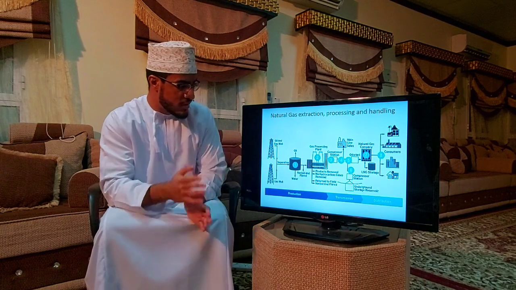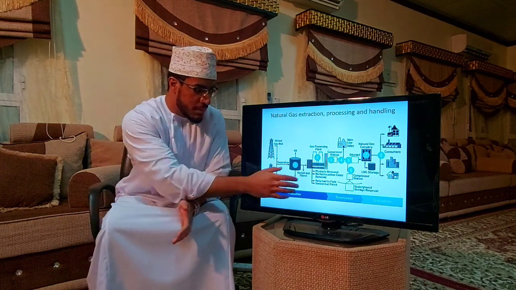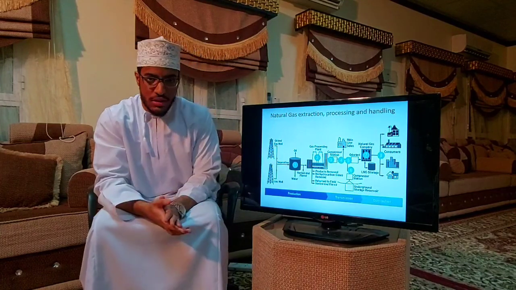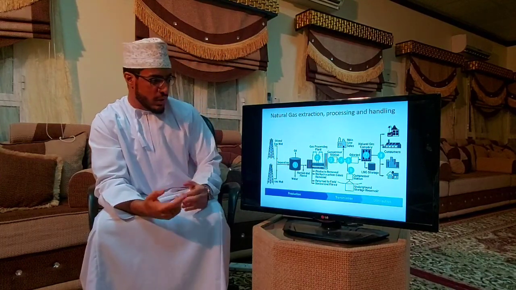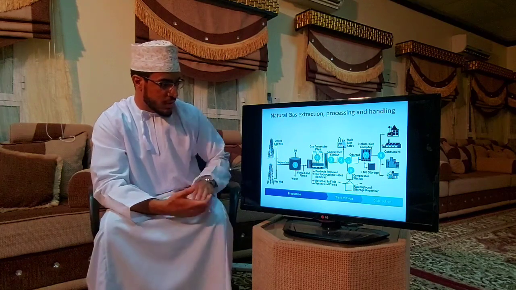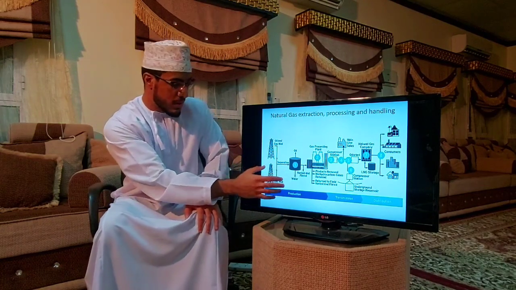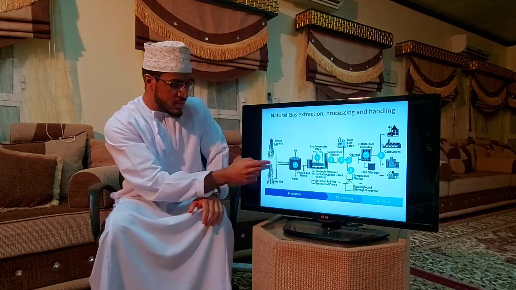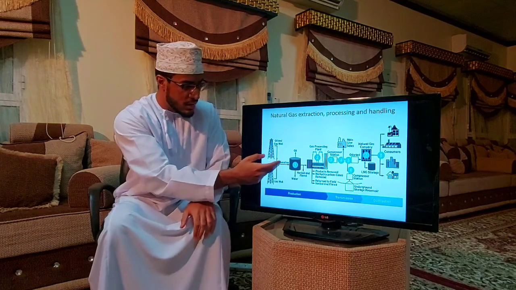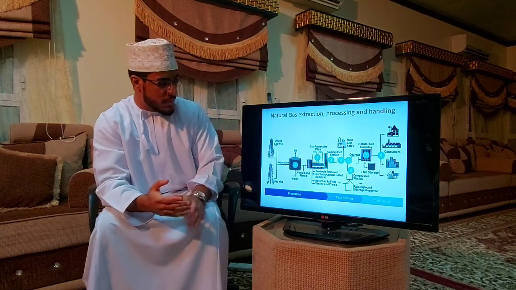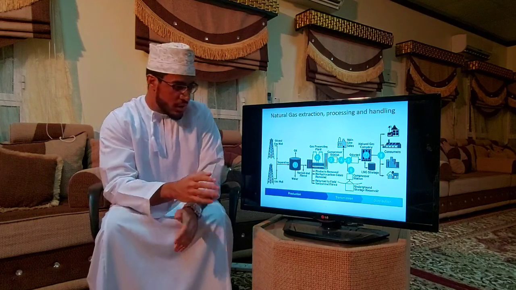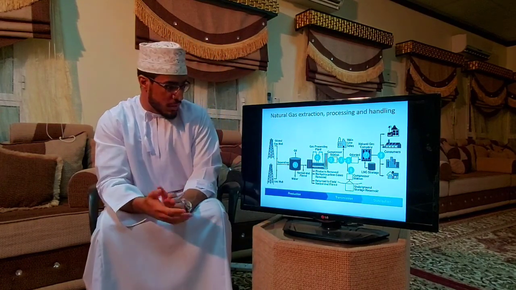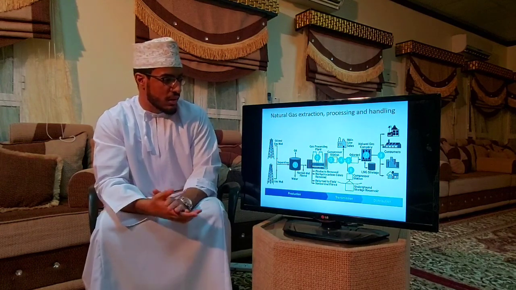As you can see in this structure, we have 3 main parts: production, transmission, and distribution. Theoretically, we have upstream. Upstream is usually where we find the natural gas. It comes from the gas wells, then goes to the separation tank, then through long pipes, then it gets processed in the middle part, called the midstream. Midstream is used for treatment and processing.